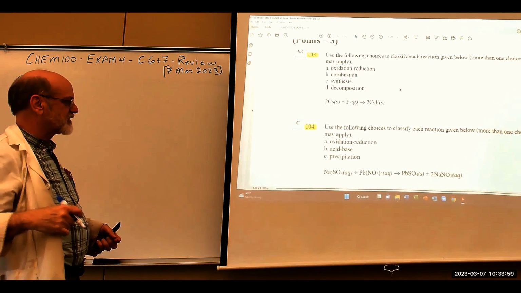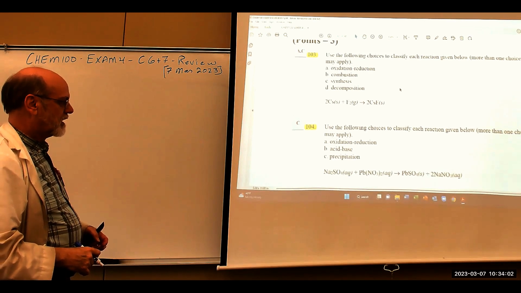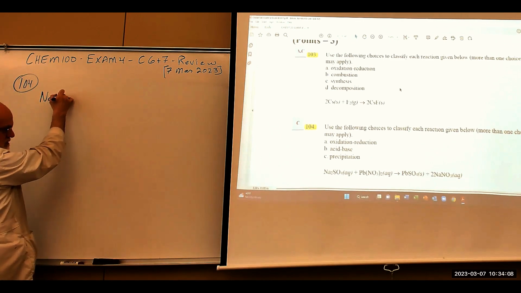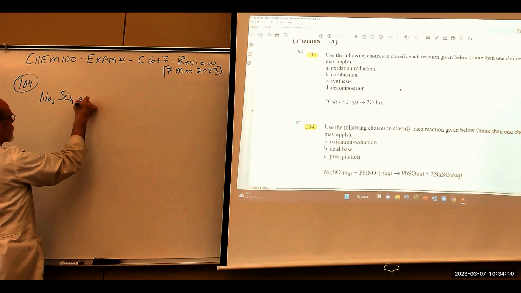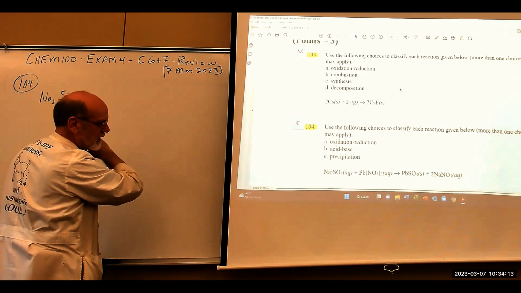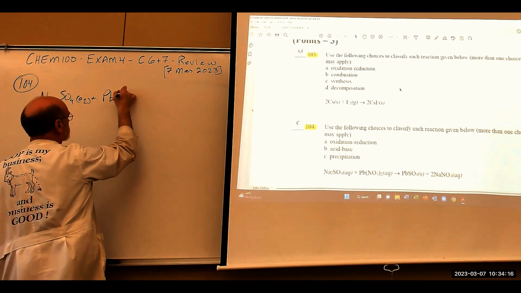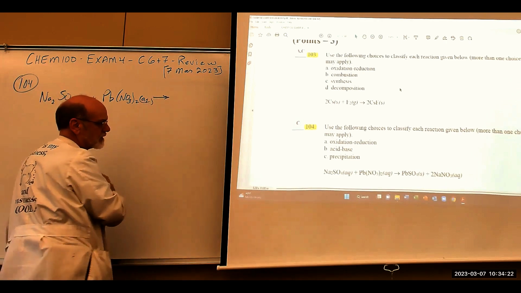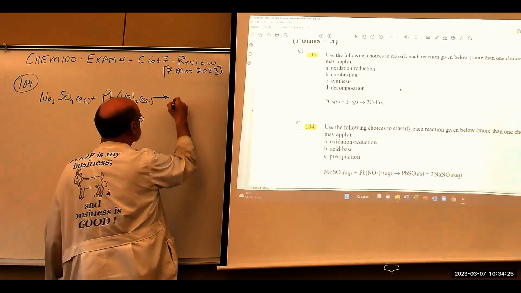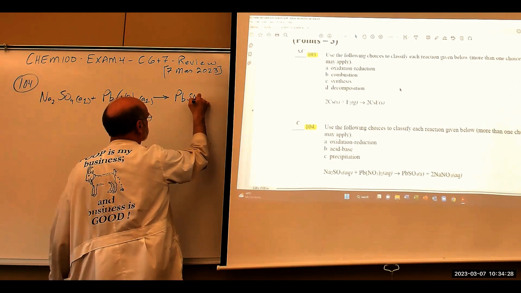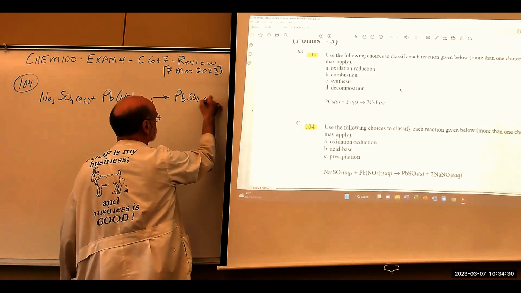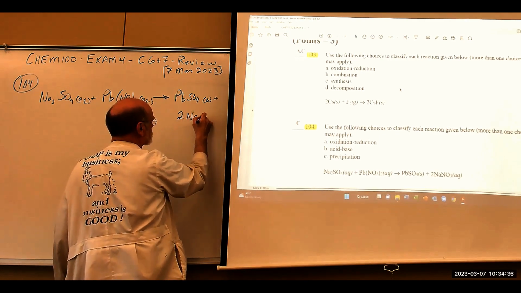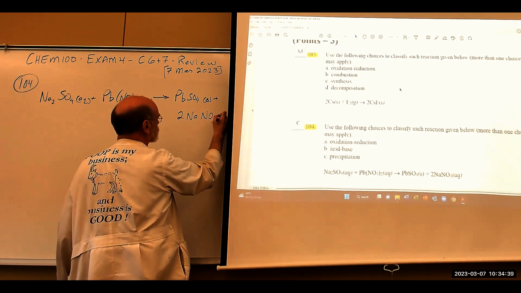Use the following choices to classify each reaction given below. Okay, so here it is. We have sodium sulfate, aqueous, plus lead(II) nitrate, aqueous, yields lead(II) sulfate, solid, plus 2 sodium nitrate in solution.